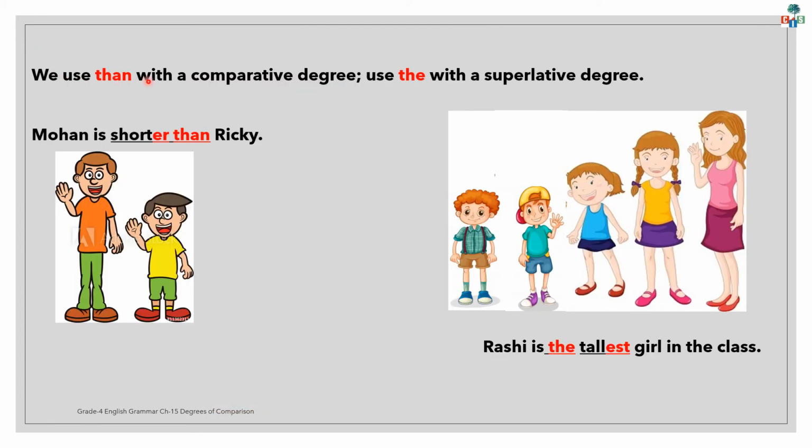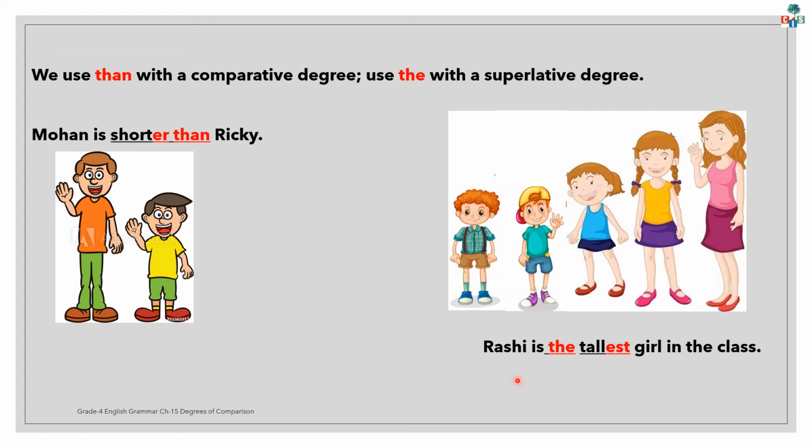We use than with a comparative degree. For example, Mohan is shorter than Ricky. Here we are comparing two boys and Mohan is shorter than Ricky. Here shorter is in the comparative degree and with this comparative degree I have used than. So the word than is used with the comparative degree and we use the with the superlative degree.